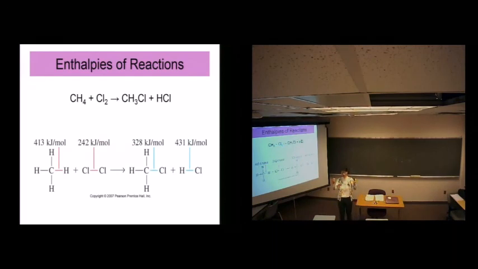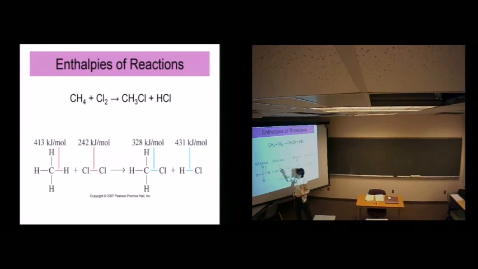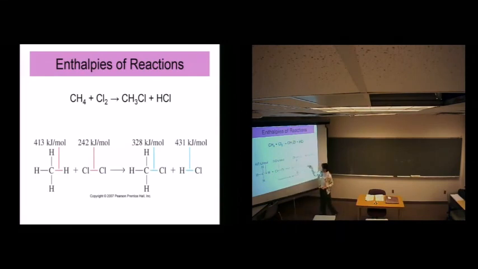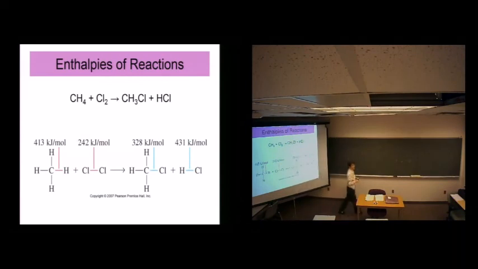So did I break all of them? No. So what we're going to do is count the ones we broke and count the ones we formed. So this is one that was broken, this is the one that was broken, this was formed, and this was formed. We go to the table and you look up that number, and then we calculate that.